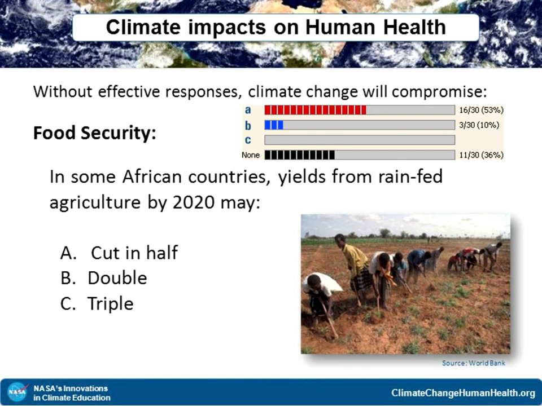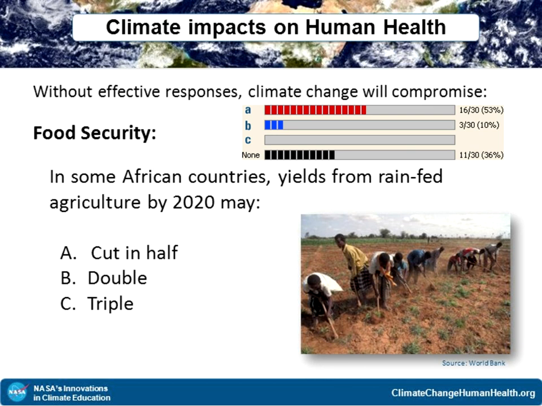So besides those that didn't answer, the percentage of you who selected that yields will be cut in half, and that's true. So understanding how that will impact not only the quantity of food, but also the livelihoods of the people relying upon agriculture as a source of income.